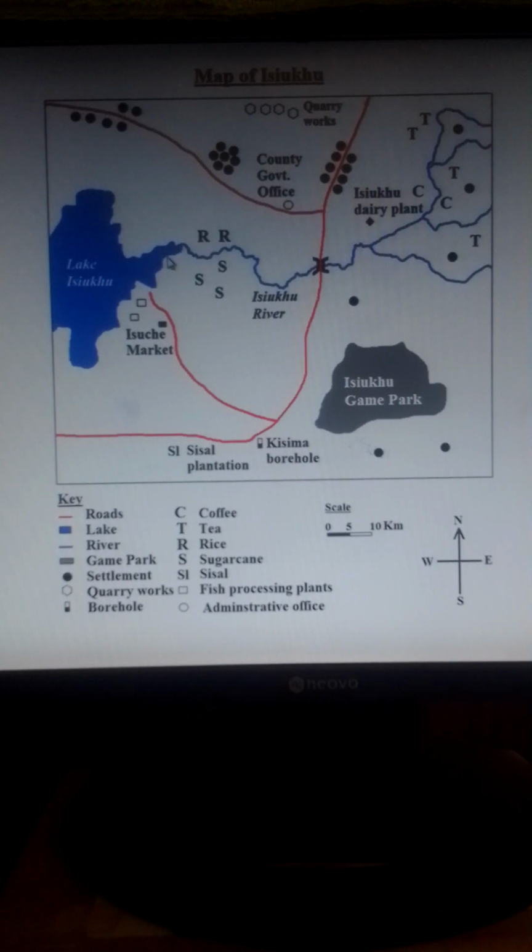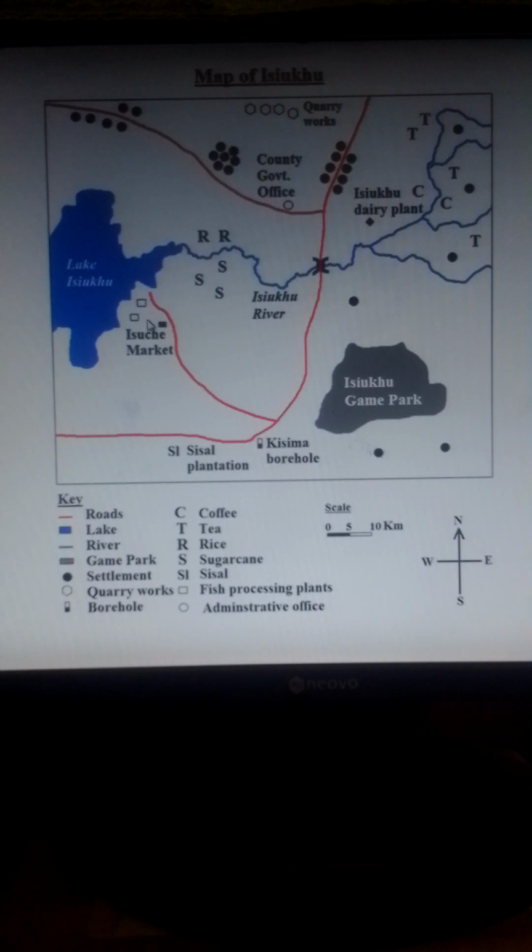Now from the key we have a symbol, this symbol here, which indicates fishing processing plant. Now in our map we have that plant here for processing of fish, which is found near this lake. Alright, so the fish processing plant shows that there is fishing activity in this area.